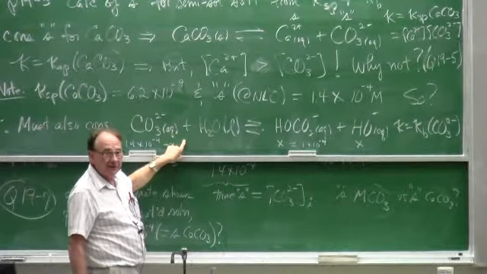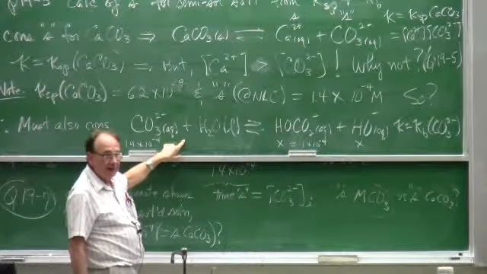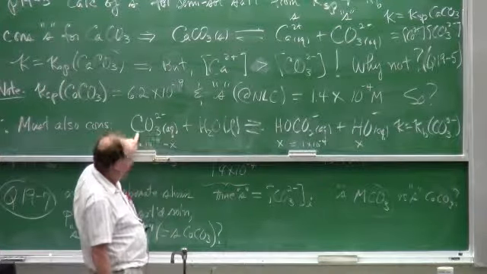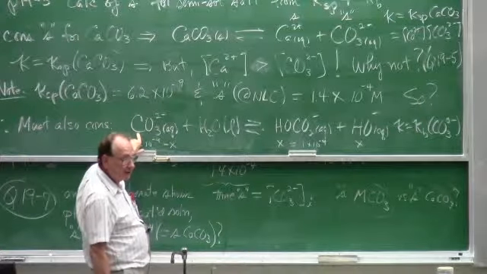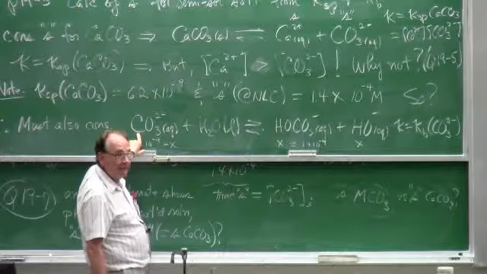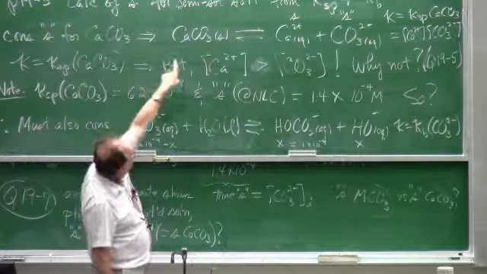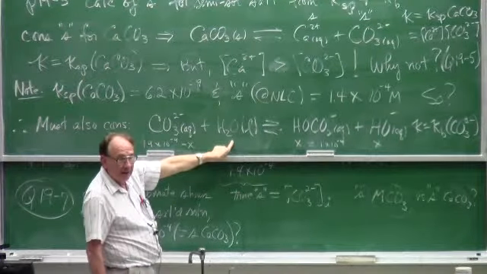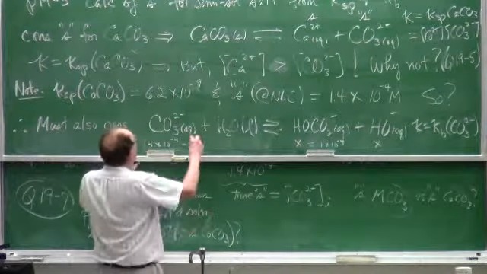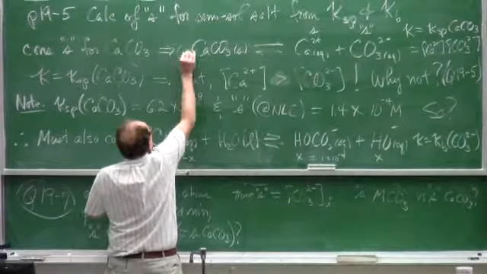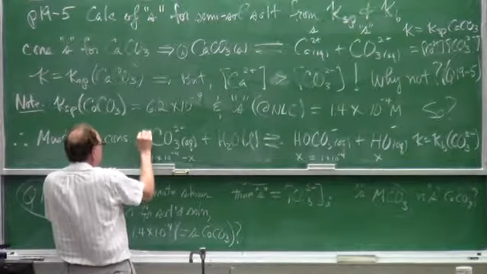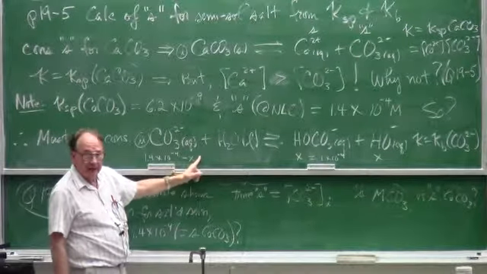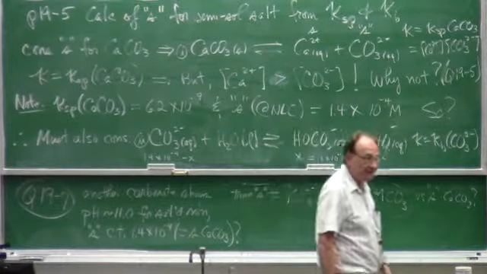Here's the Bronsted-Lowry acid-base ionization reaction, which accounts for why calcium carbonate saturated solution has a pH above 7.0, due to the hydrolysis of carbonate ion, due to carbonate ion behaving as a Bronsted base. If I take that reaction equation, call it I, and add it to this reaction equation, II, what do I get? I get that. So that's where this thing comes from.